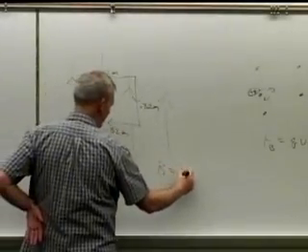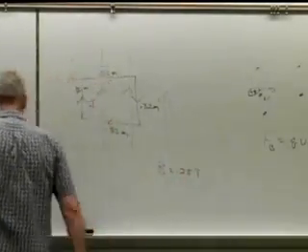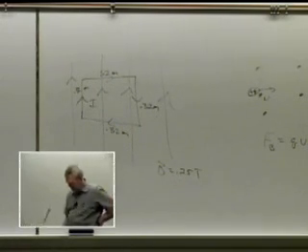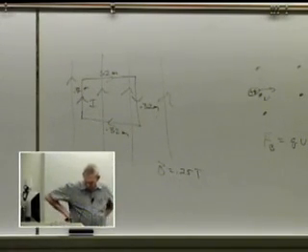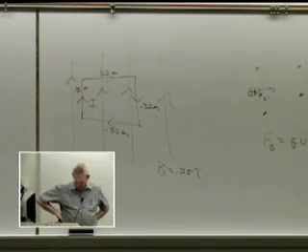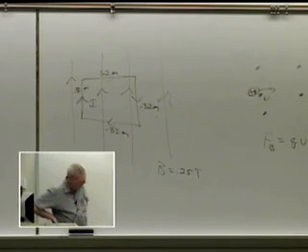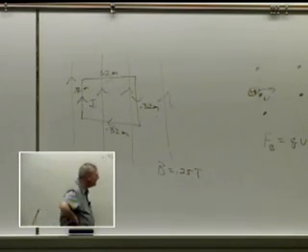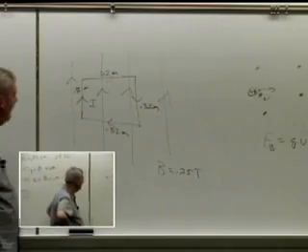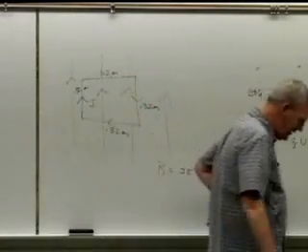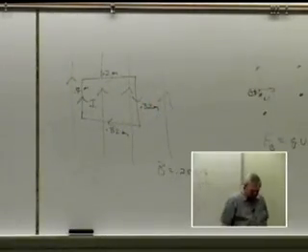B is equal to 0.25 Teslas. That's a pretty strong little magnetic field. All right, it says determine the magnitude of the magnetic force on each of the four sides.